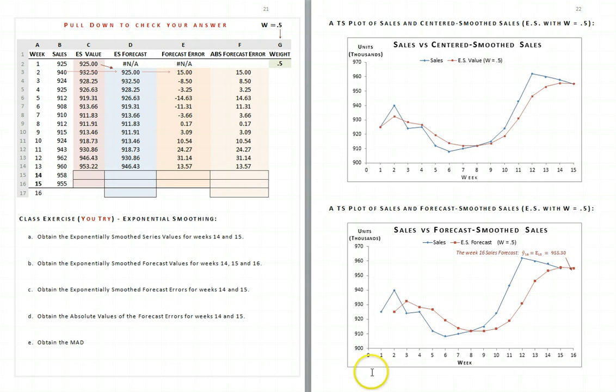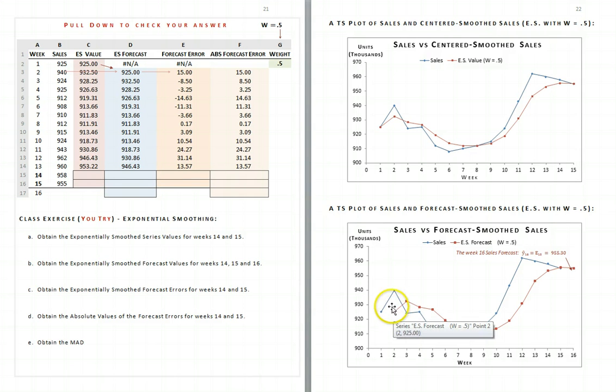On the next page, we see the simultaneous scatter plots as we saw in the case of moving averages. Note that the exponentially smooth series has no lost values. Again, for the forecast series, we see that the forecast error can be computed as a vertical distance between the actual and forecast values.